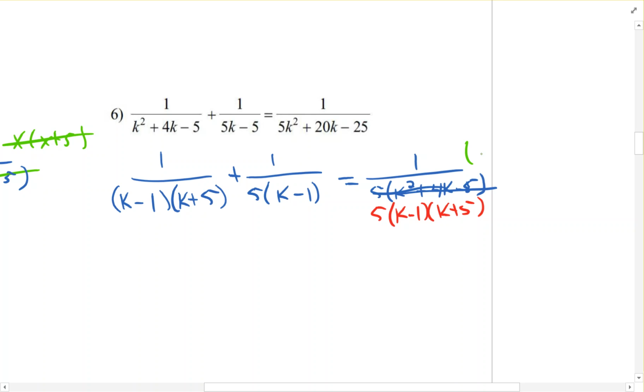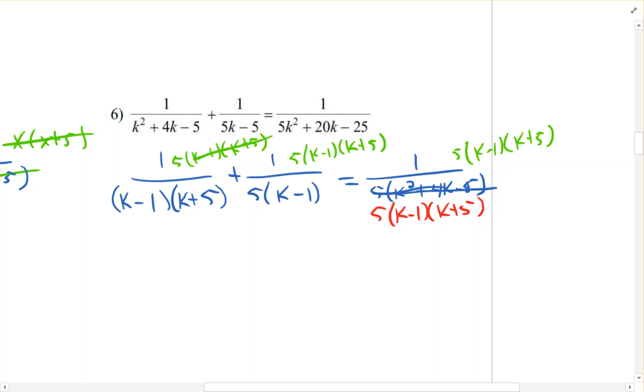So we're going to multiply the top by 5 times k minus 1 times k plus 5. This one by 5 times k minus 1 times k plus 5. And then this one the same. And then cancel what we can.